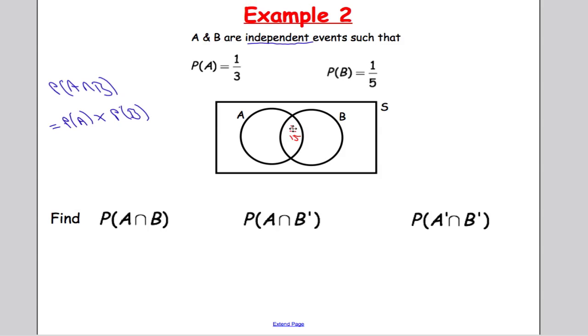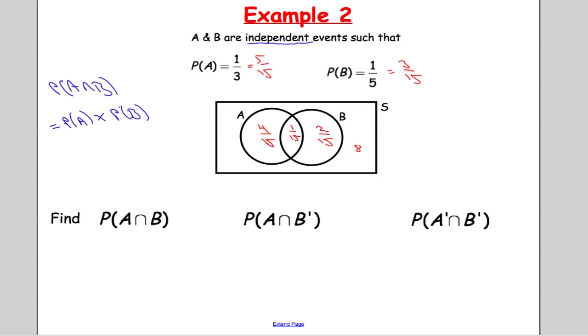So if that's 1/15 and the total of A must be 5/15, that means this region here must be 4/15. This is going to be the same as 3/15, so that means the remaining part must be 2/15. And then adding them all together, 4 and 1 is 5, 6, 7, 7/15 in this region.